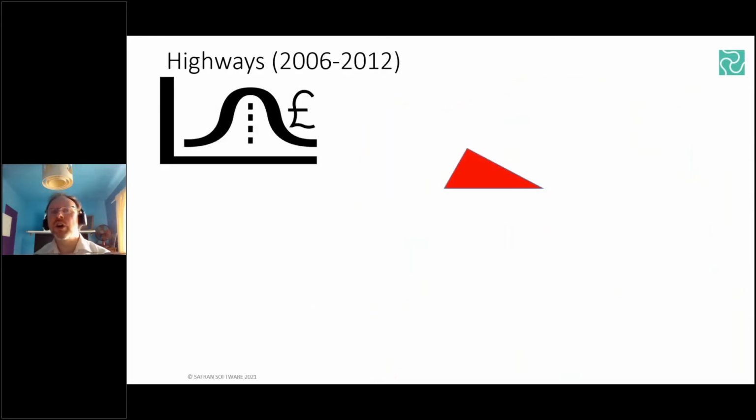But just to give an oversimplified explanation of our approach towards Monte Carlo back then, we would capture threats and opportunities, assign probabilities and 3-point estimates to a triangle distribution, and that would be to both cost and time impacts.